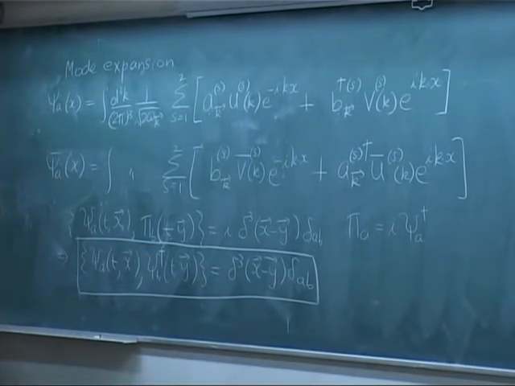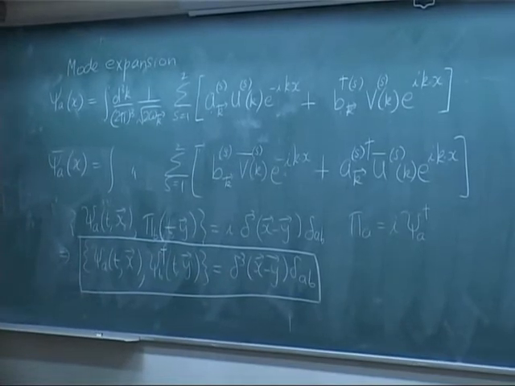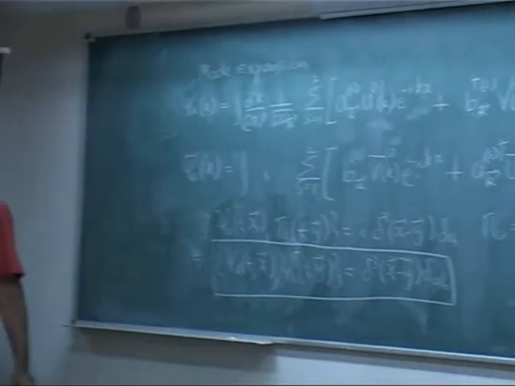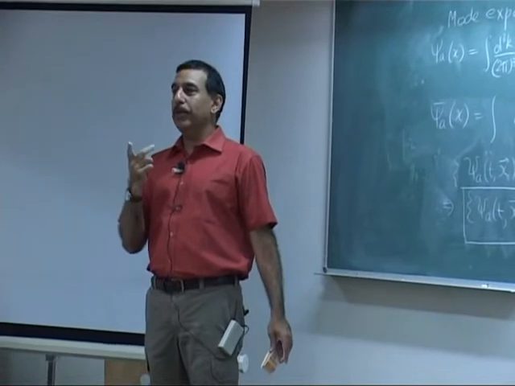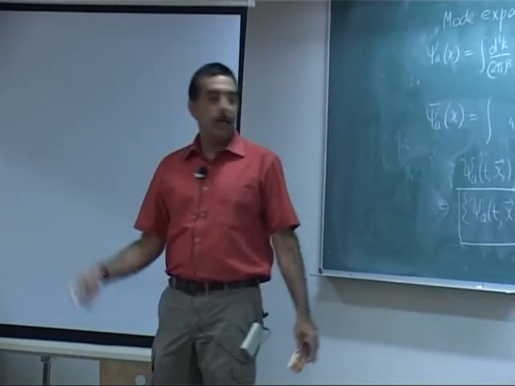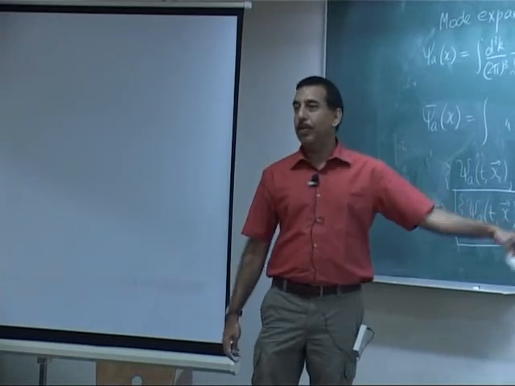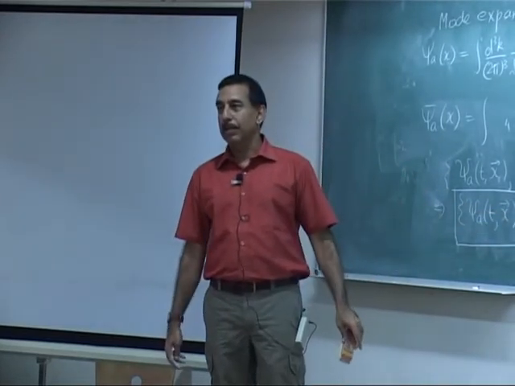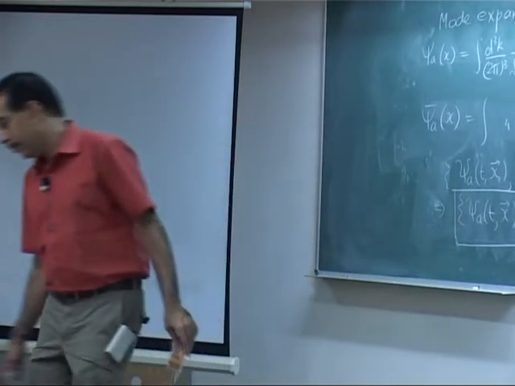We can guess that. In the usual bosonic case, the commutator of Q and P is i. If I take the complex conjugate, then the order also gets interchanged because it's like a dagger. So QP goes to PQ and i goes to minus i. Here if I take the complex conjugate, this just goes to itself because in an anti-commutator, the order doesn't matter. So there better not be an i on the right side.